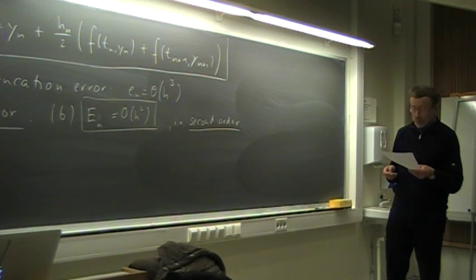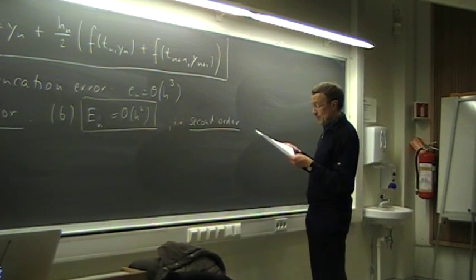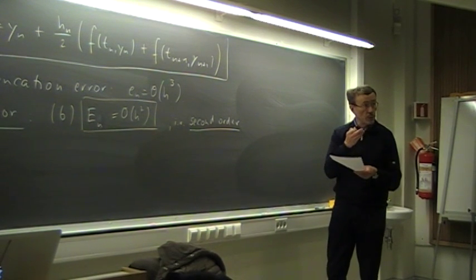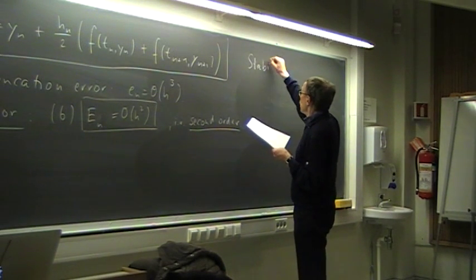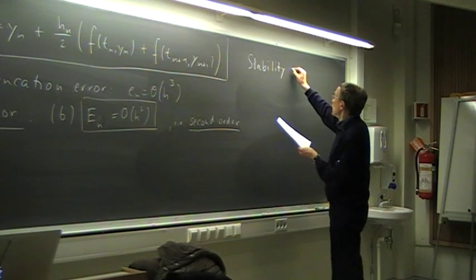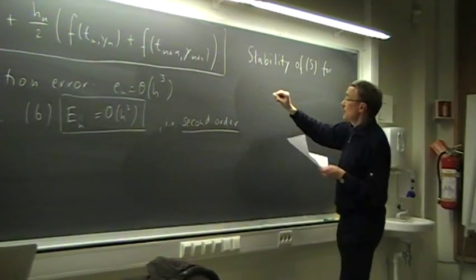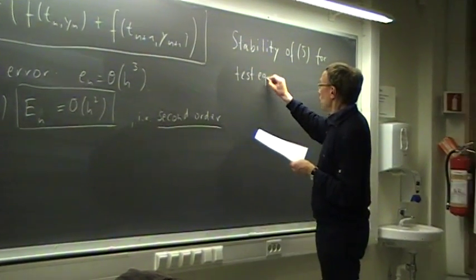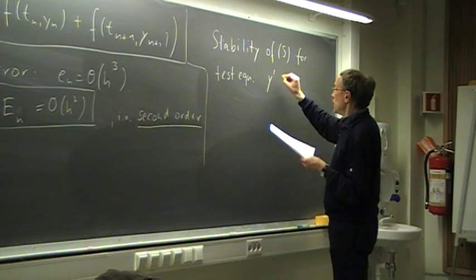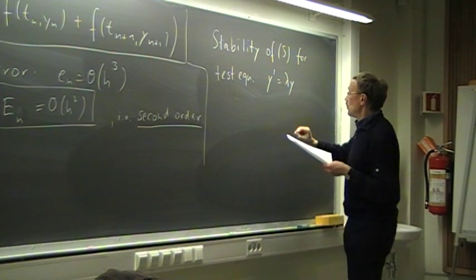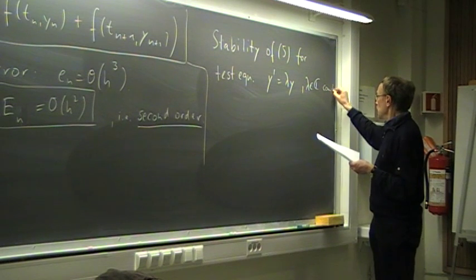Now we also want to study stability for this method to see also the properties that it has, and that is also something you will do then in exercise 3. And we do that as usual for the test equation. The test equation is, as you know, y prime equal lambda y, where lambda is a complex number and constant.